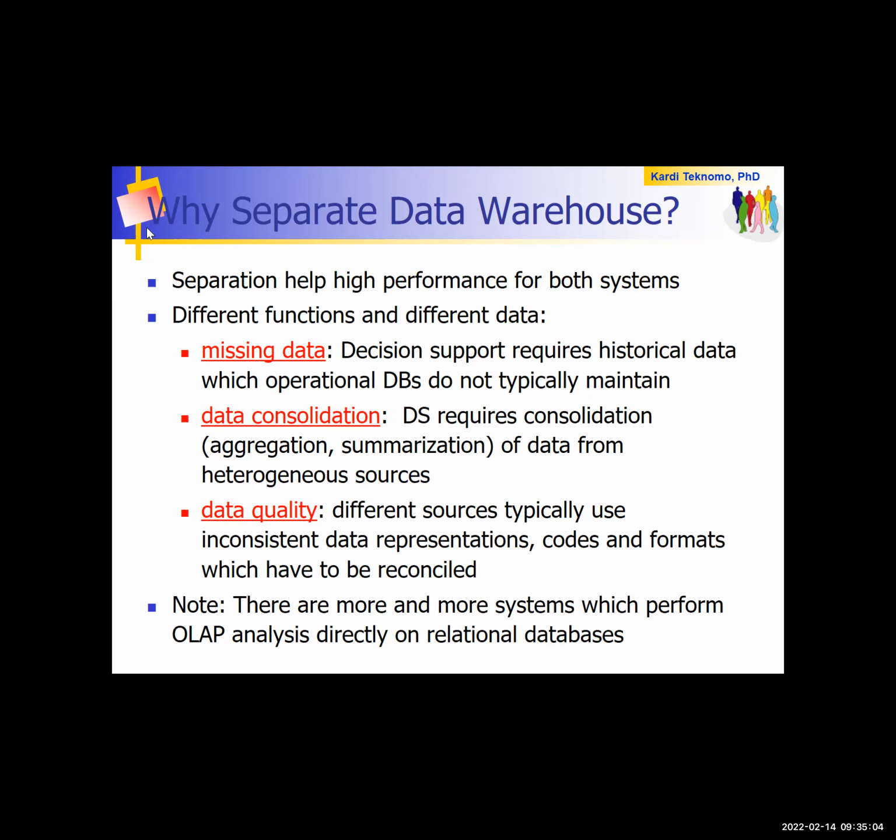So in the data warehouse, you already fill in the missing data. Next is data consolidation. Later we'll talk about aggregation and summarization. For each data that you have, we call this a data cube later on. You will start to create the aggregation, the summary of each data.